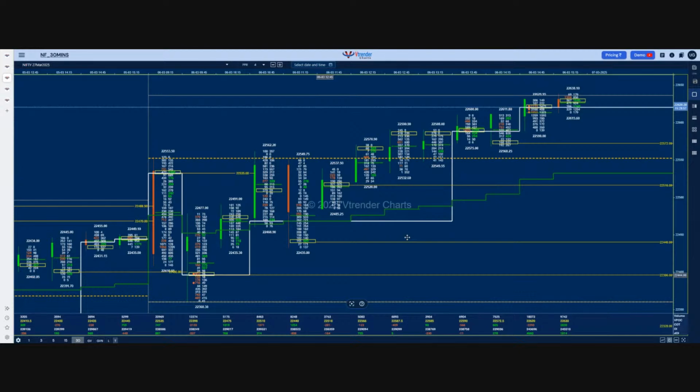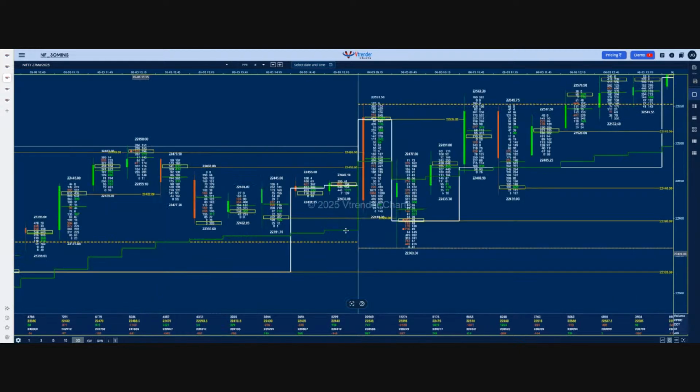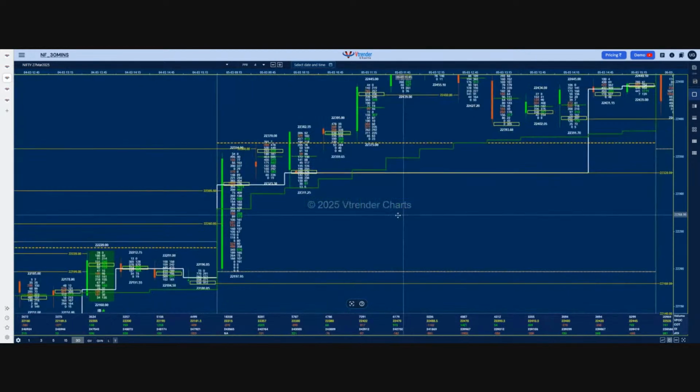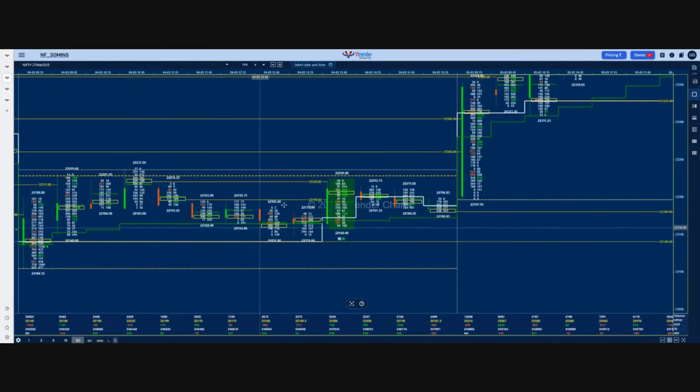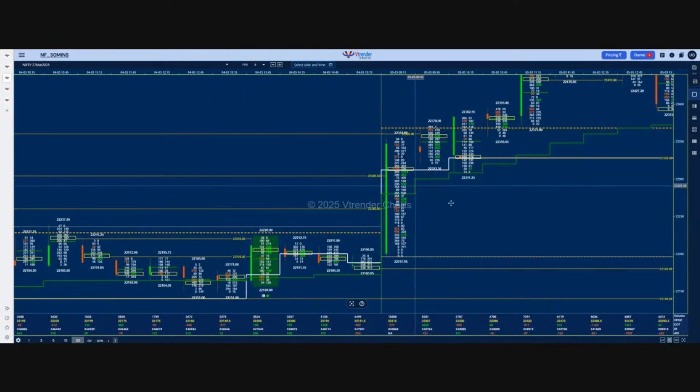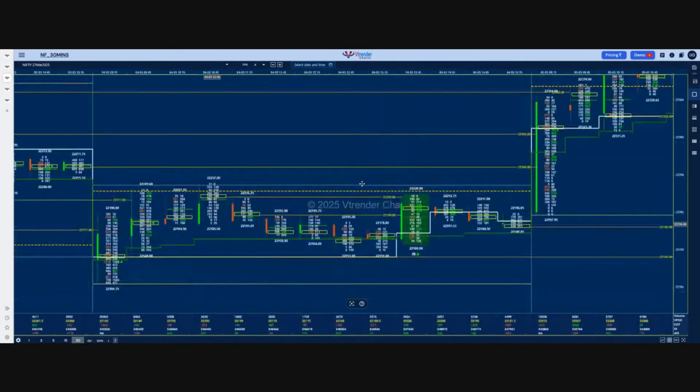Whereas in IBs we got 3 of them, and this particular IB has given us more than 3 times the target, the last IB. And why this became important was this IB came after we got an initiative buying tail. So this became all the more important, and this was followed by another initiative buying tail. So it was very clear in Nifty that it is very bullish. It is more bullish. It is getting more demand.